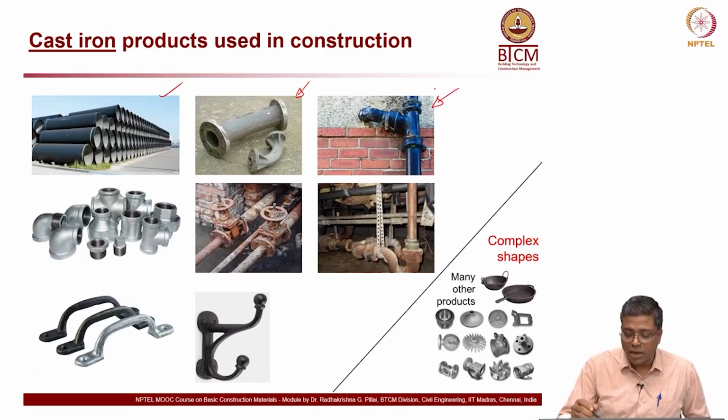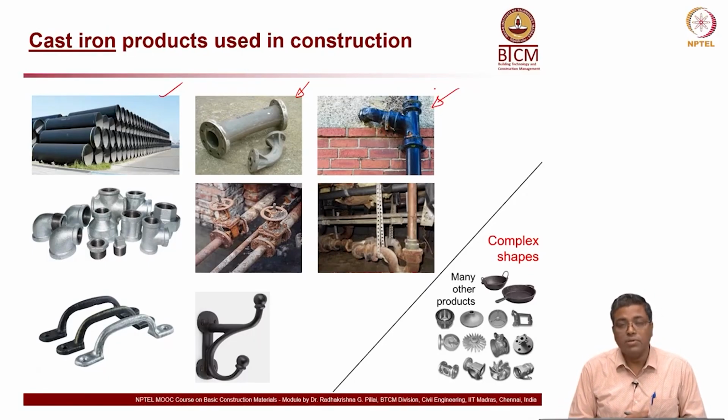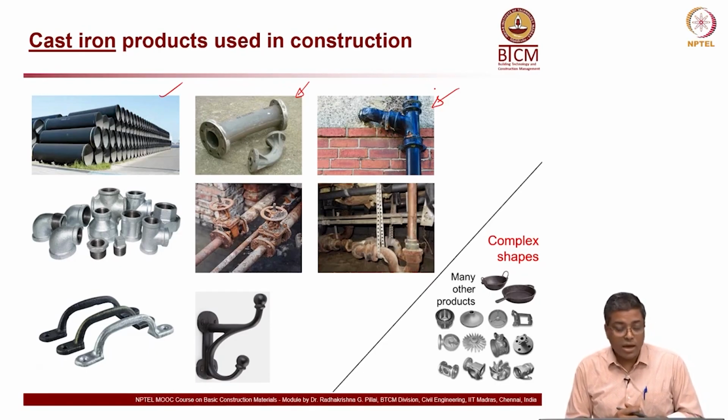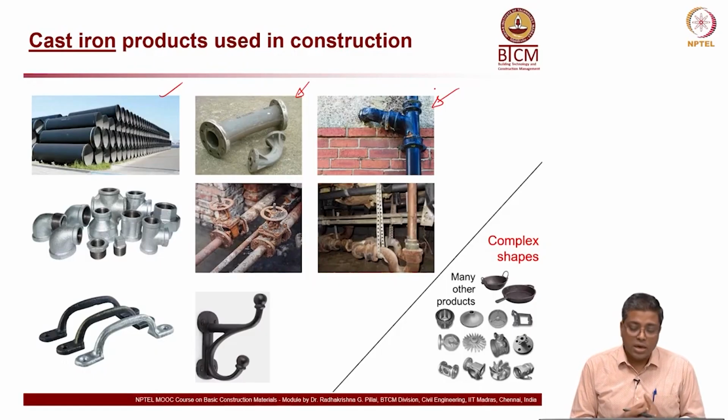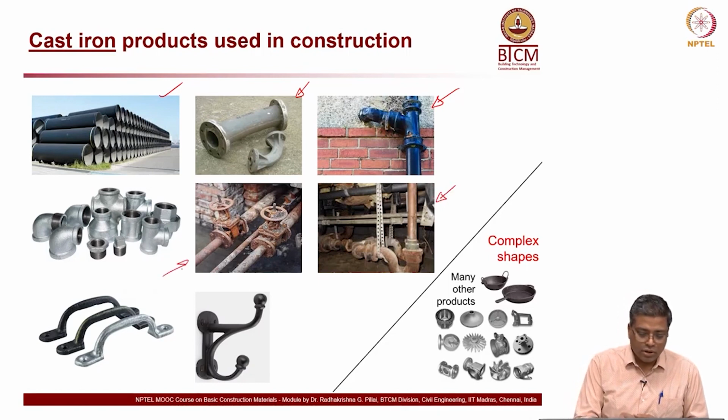Okay, and then pipelines, because it used to have comparatively high strength than the other material than the iron, so people started using cast iron. But there were some problems, I will come to that later, and these are other examples of cast iron.